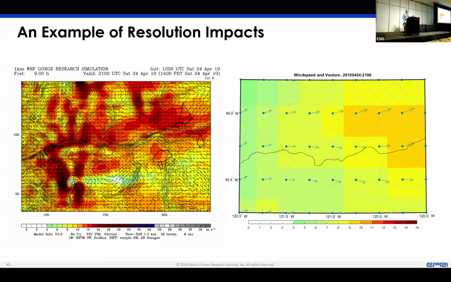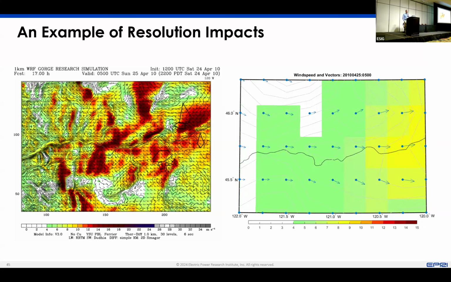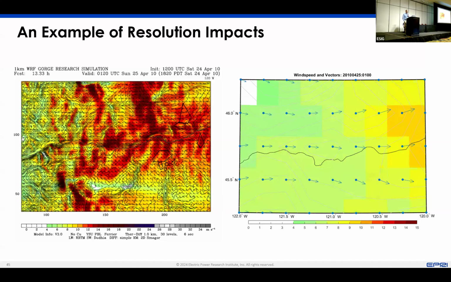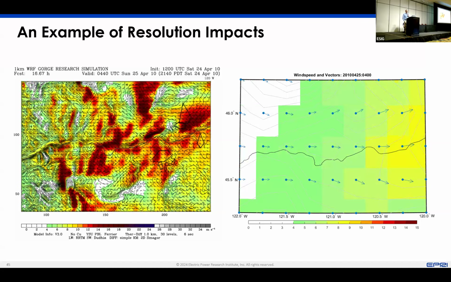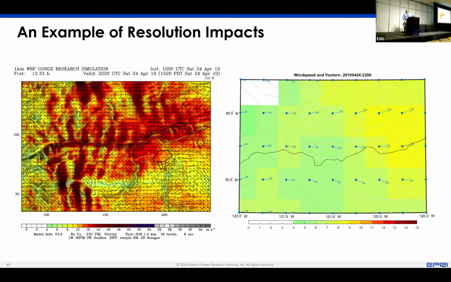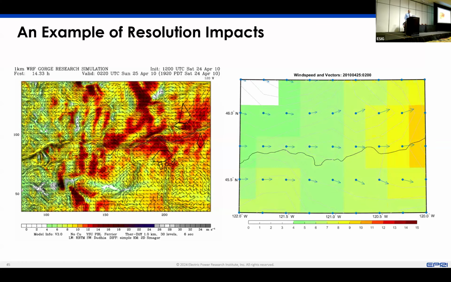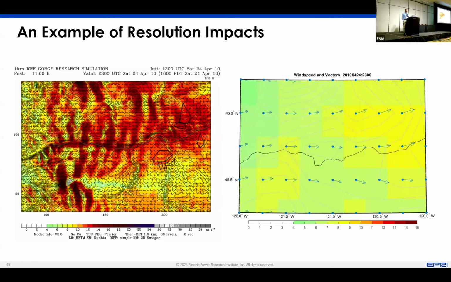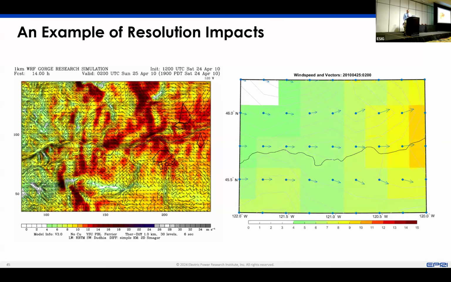And then on the right-hand side, you have the ERA5 representation of this same phenomenon. So you can tell that those two are entirely different, right? They don't even look vaguely the same. They're exactly the same time, and they both come from a numerical weather prediction model. The only main difference is that one has 1 kilometer resolution and is resolving the topography, and the other one is not.